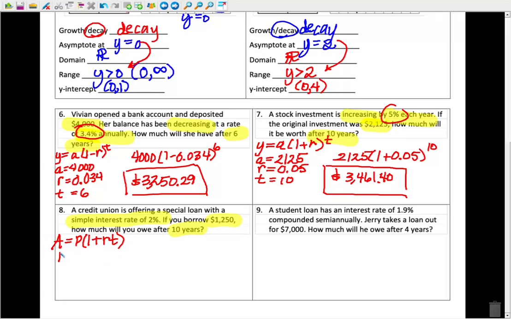Identify your factors. Principal is $1,250. That's the amount that you borrowed that you're starting off with. The rate as a decimal, change it over, will be 0.02. The time in years is 10. Write down your formula.